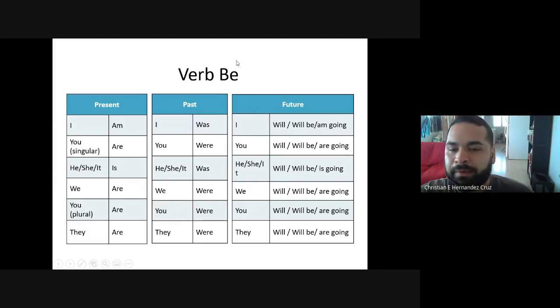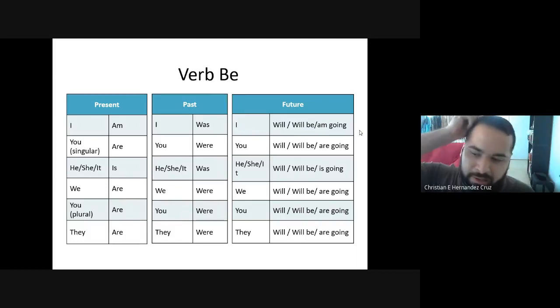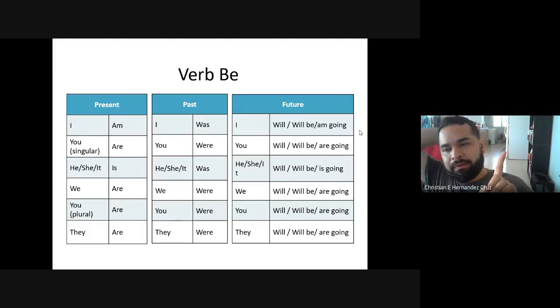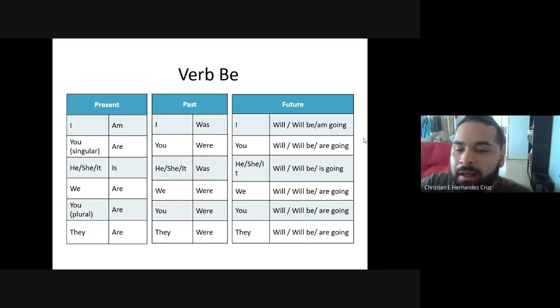Anyways. And we can also change the be verb in the future tense. So be is am, was, or will be, or am going. There's three different ways of expressing that, because future tense, since it's something that is either likely to happen or really an event that hasn't happened yet, you can express it in different ways. So this would be the simple present. This would be, I forgot this one.